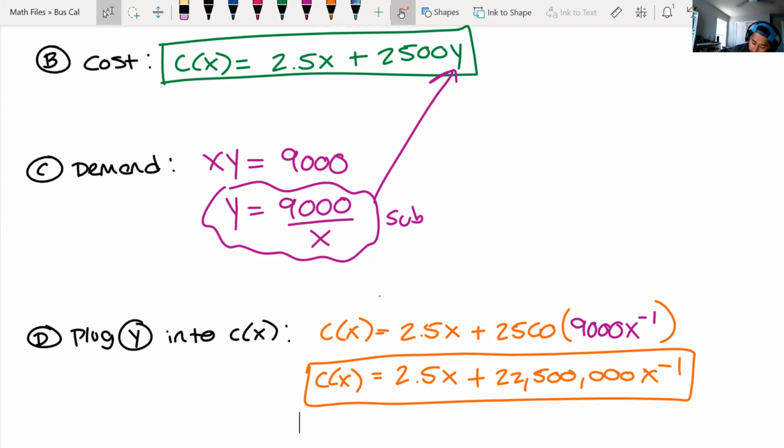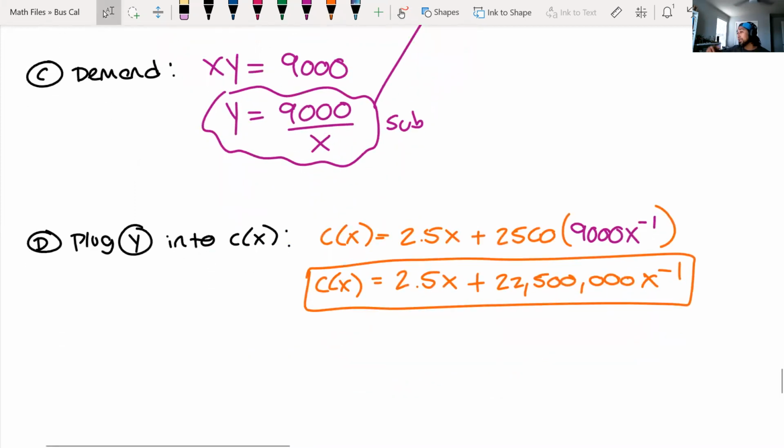Okay. Which means since we have the cost function, we can now optimize it, which means we're going to take the derivative, set it equal to 0, and solve for X. So I'll just say optimize.